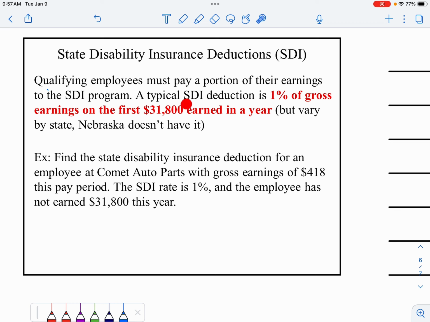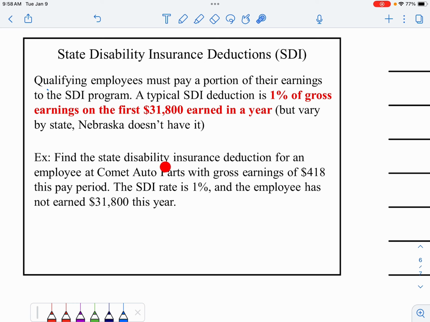And a typical SDI deduction is 1% of the gross earnings on the first $31,800 earned in a year. But this really varies by state. And Nebraska, I checked, doesn't have this SDI tax, but many other states have it, especially those blue states.